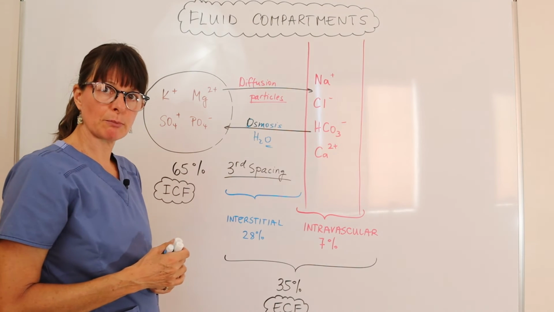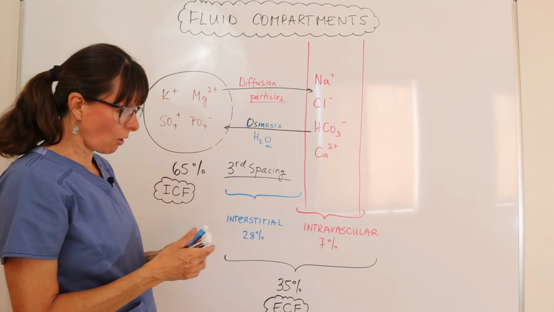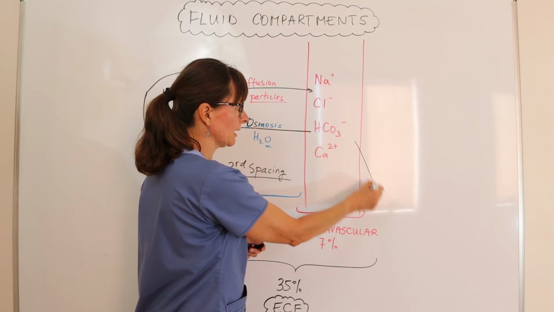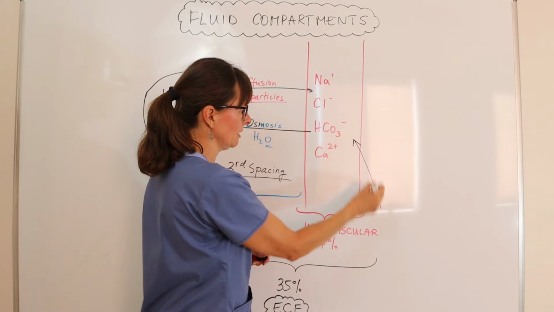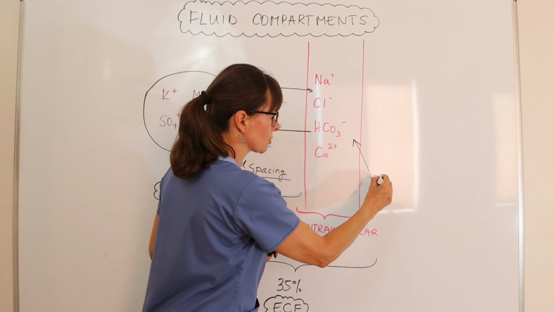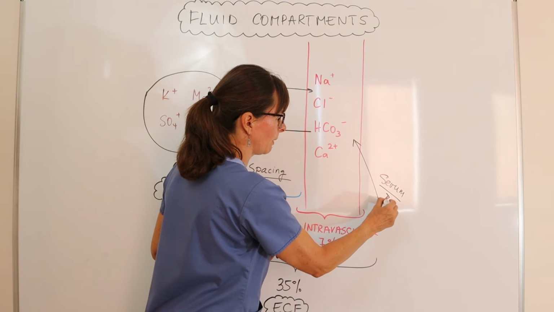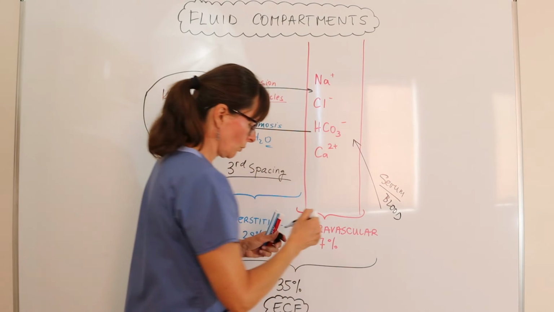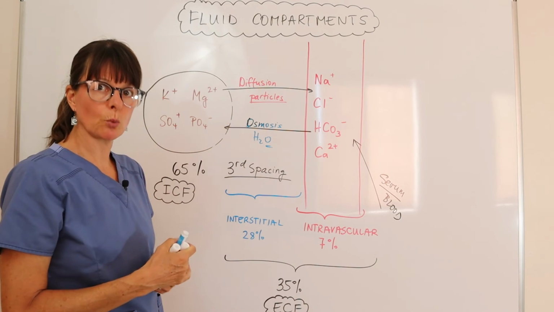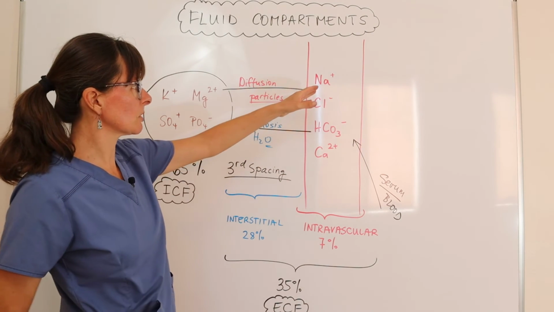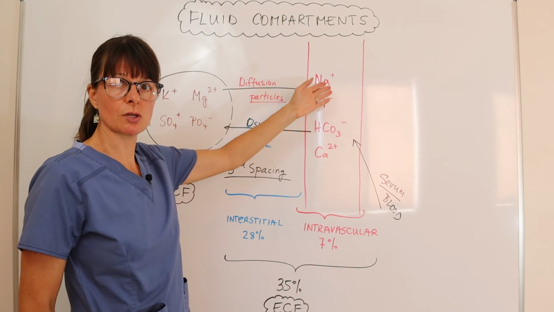Now, something else that's important to know here is that the only thing we can measure is by putting a needle into the patient's vein and measuring the patient's serum. So measuring their blood. When we measure the patient's blood, we know that typically in a blood sample, the sodium concentration should be a certain number.